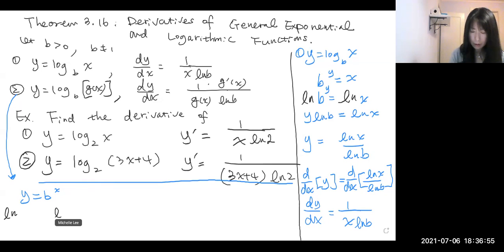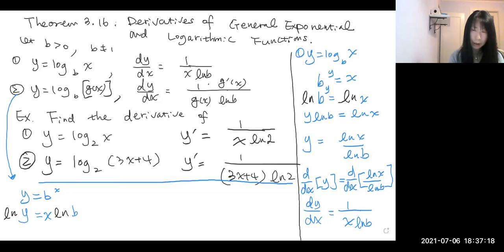So we have ln y equal to ln b to the x. But look, we can bring down the power, right? So we get x ln b. Then we take the derivative.